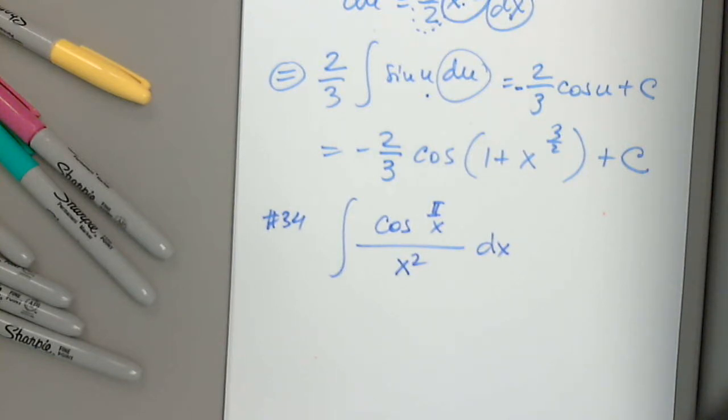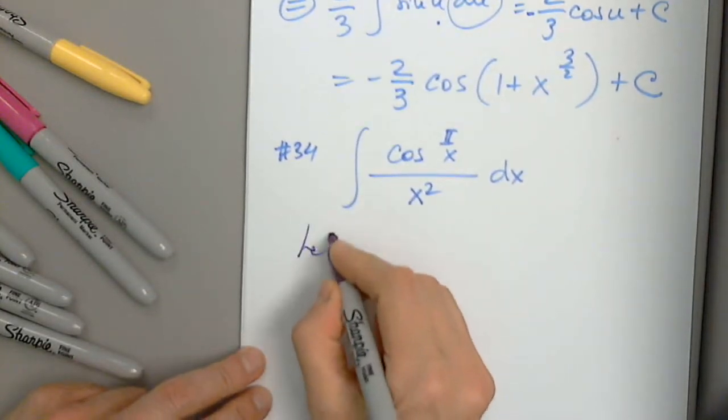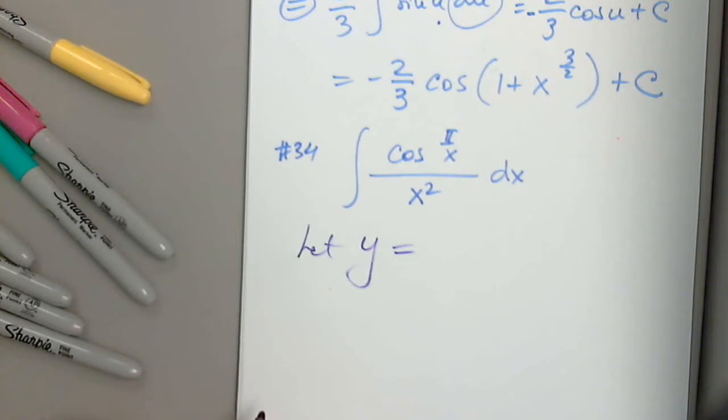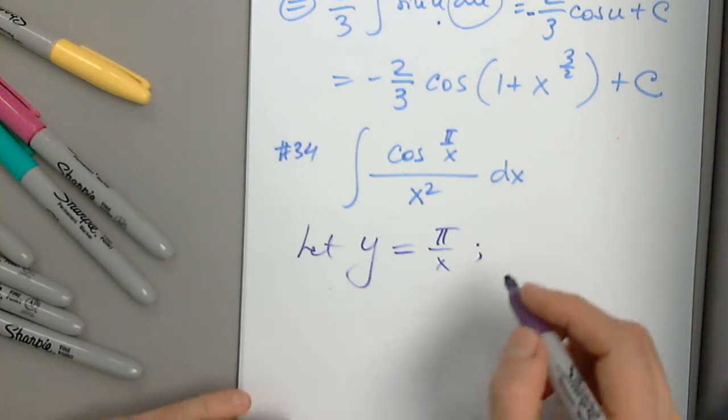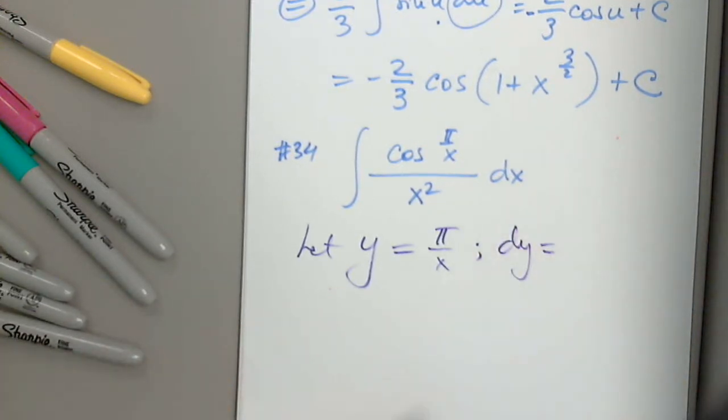Yes, that bothers me. I would rather see cosine t than cosine pi over x. Very good. So then I will let t, or any letter you want, y, let y be pi over x. But keep in mind, dy must be in the problem, or plus or minus a factor, not more.